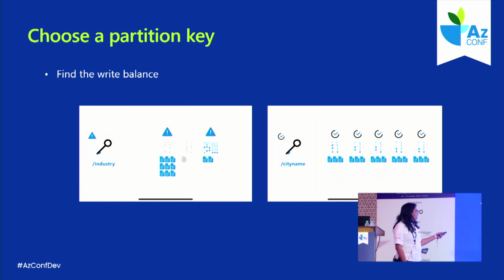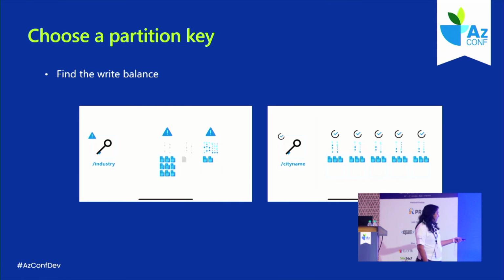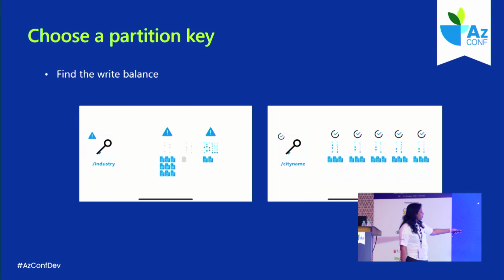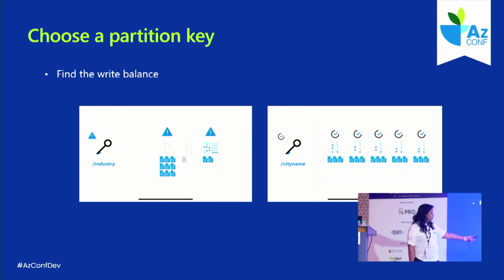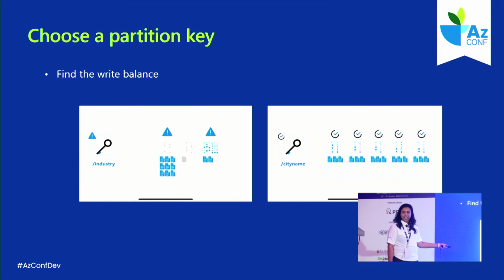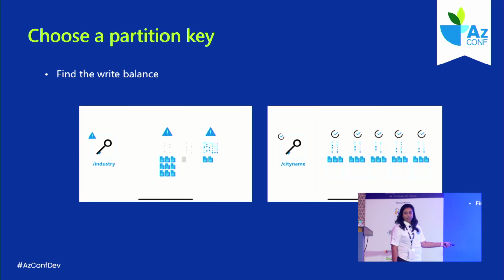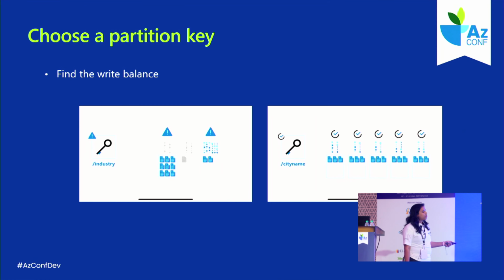If I have data related to manufacturing, retailing, food industry and so on, and I choose industry as my partition key, then manufacturing has more data, food has no data, and retail has some data. If this is the case, then this becomes a hot partition, and this shouldn't be the case. If you choose like this, then this is the wrong way.